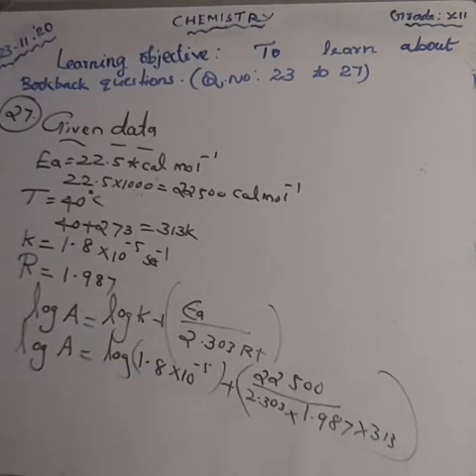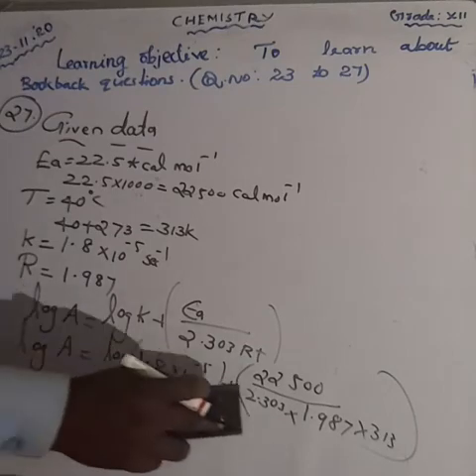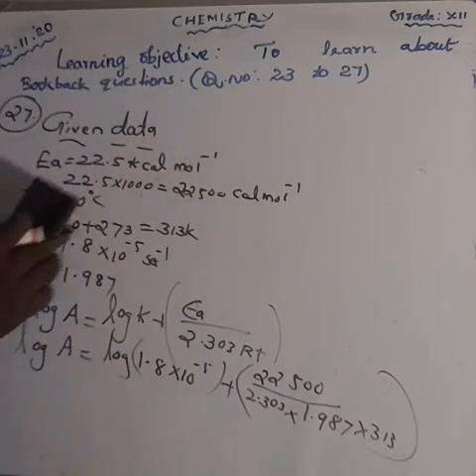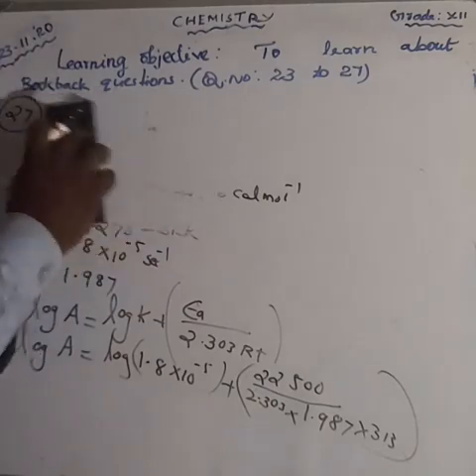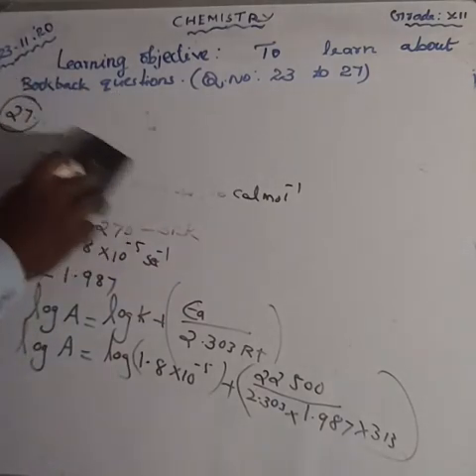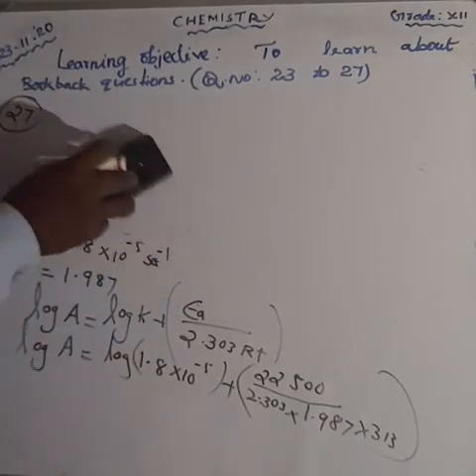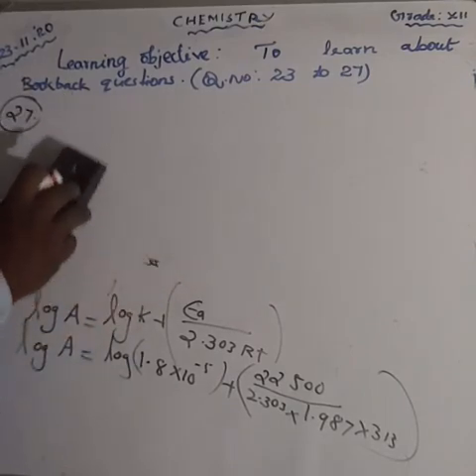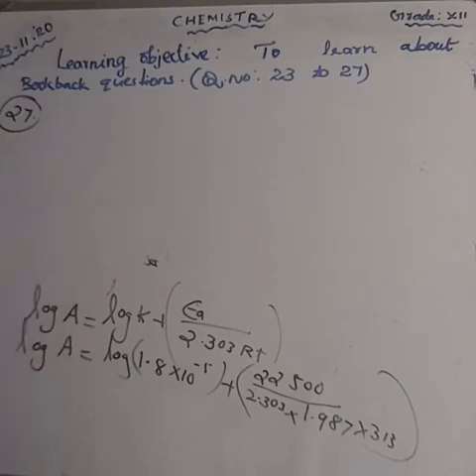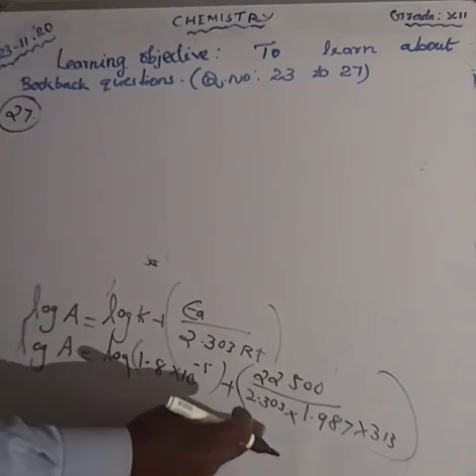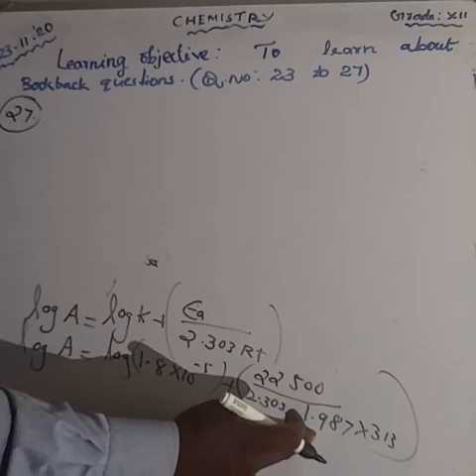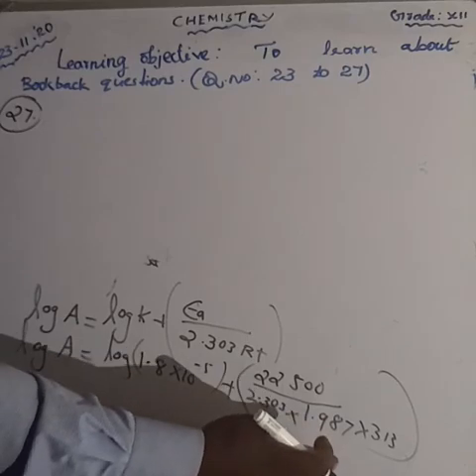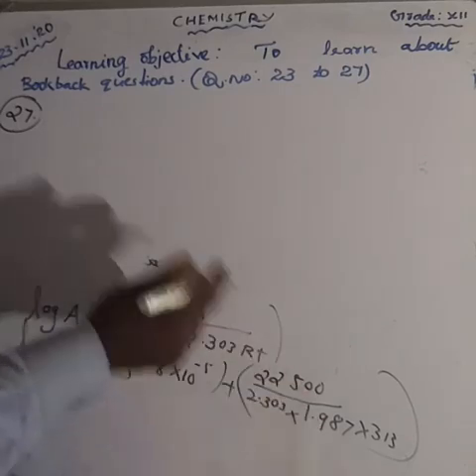Okay. So first we should multiply this one: 2.303, 1.987 into 313.